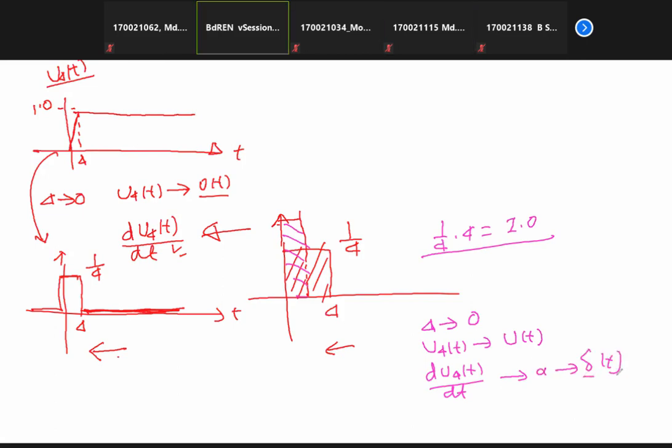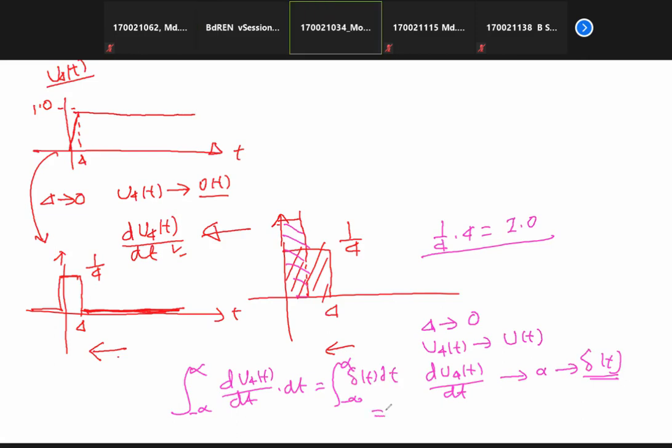But importantly, if we integrate this quantity, the derivative, from minus infinity to infinity of delta t dt, what will be the value? So 1. Because this is the area of your curve, isn't it? But the area will be remaining constant. Okay, this is the basic thing you have to understand.